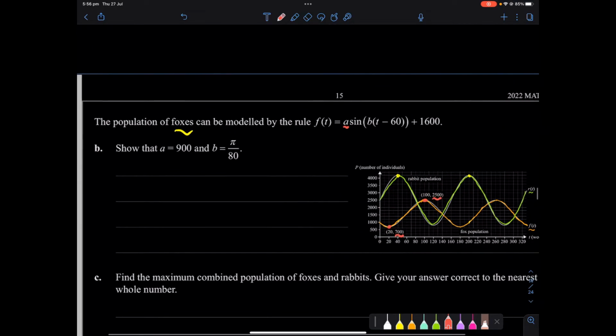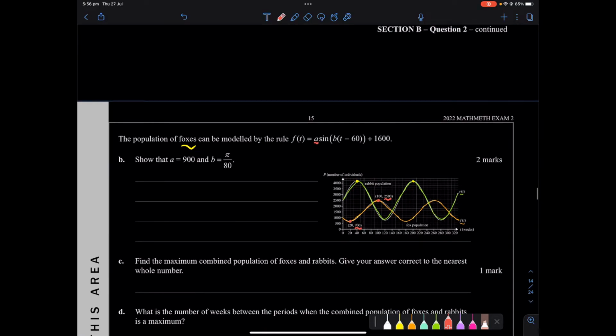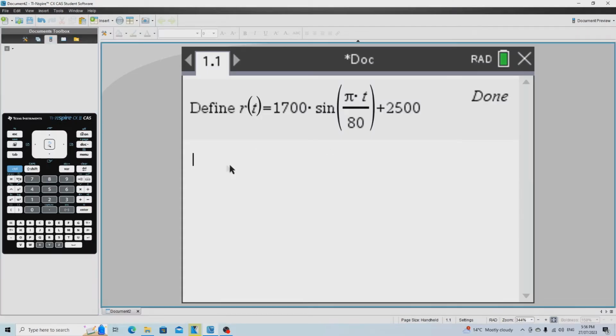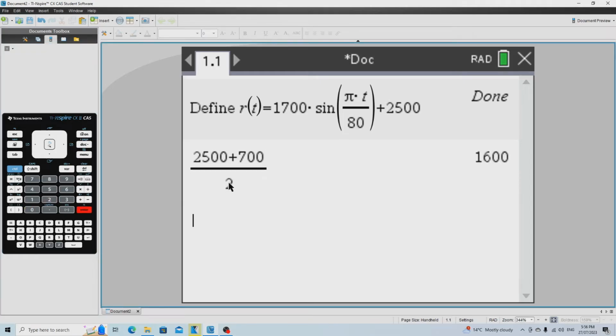So for the A value, A equals 2,500 plus 700 all over 2. Using my CAS, 2,500 plus 700 divided by 2 gives us 1,600.